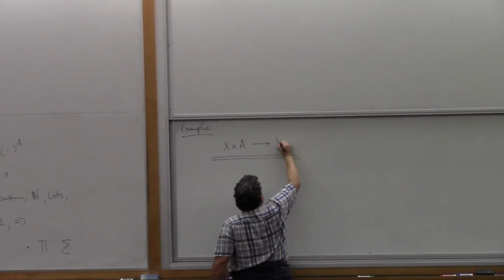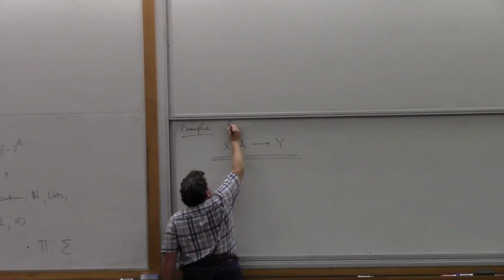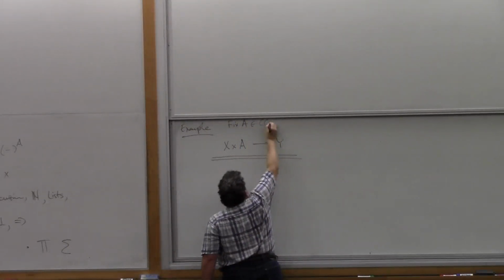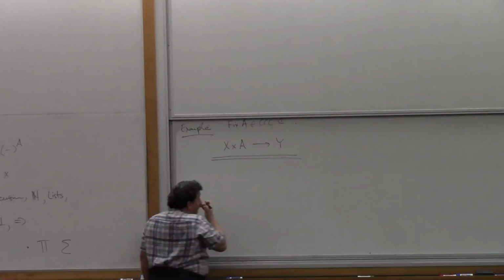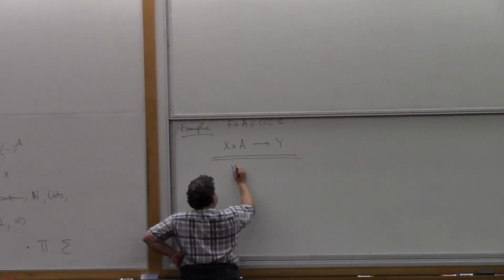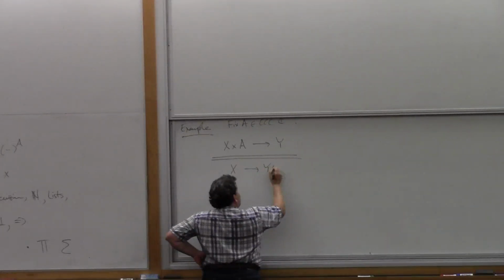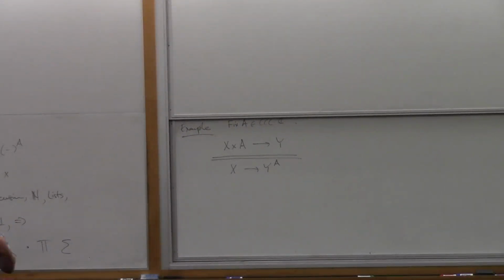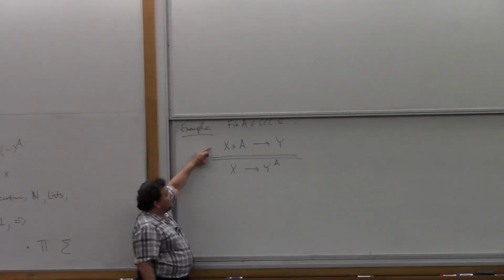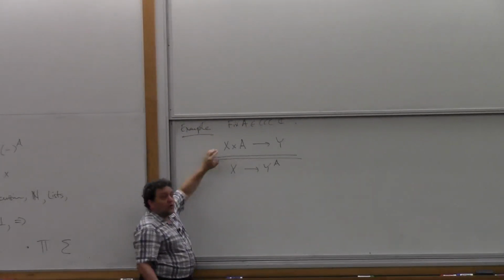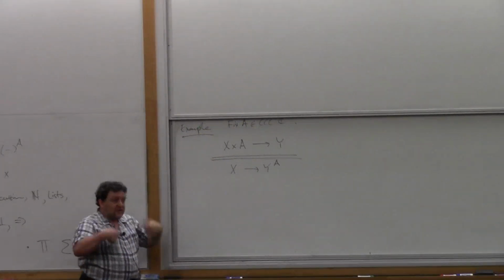So here, fix A in some Cartesian closed category C. There's a bijection between things of that kind and things of this kind. And that's the fundamental operation of currying or evaluation, which mediates that bijection. Given something like this, you get one like this. Given something like this, you get one like that. And moreover, if you compose those operations, you get the identity back out.